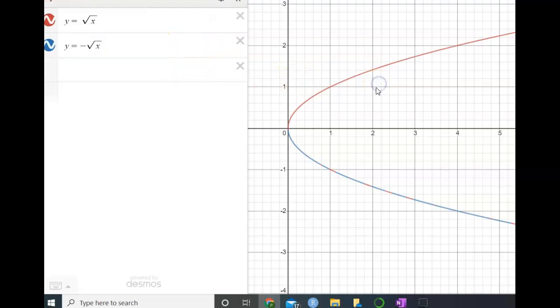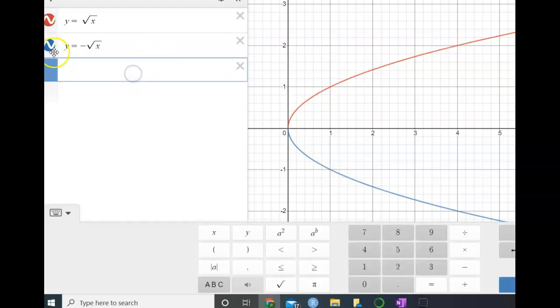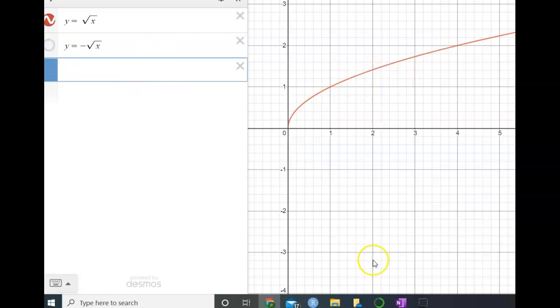There we go. The parent function is here in red, and the reflection across the x-axis is in blue. You can see a point here at (1, 1); it's reflected over here at (1, -1).